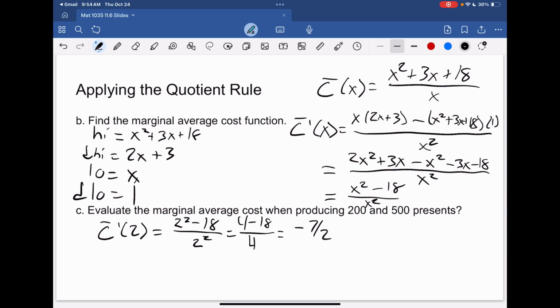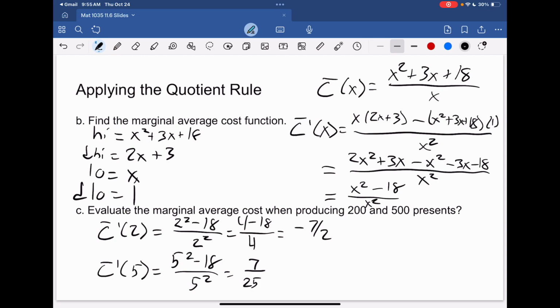I'm going to do the same thing for 5. 5 squared minus 18 over 5 squared comes out to 7 over 25. And so that tells me that at 500 items, my average cost changed by 7 over 25.